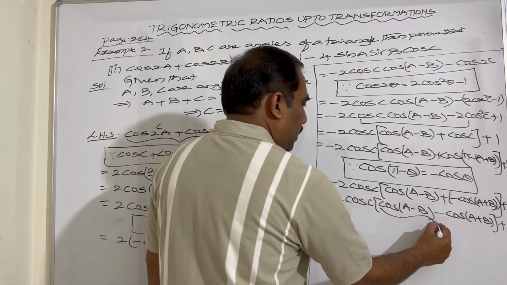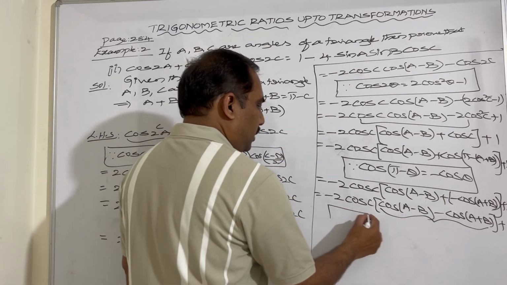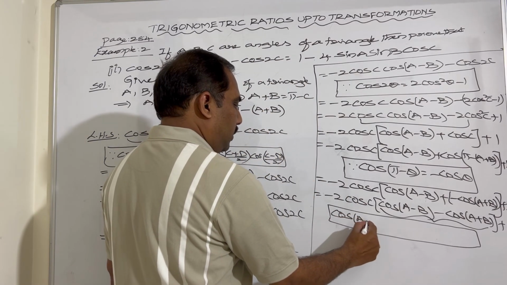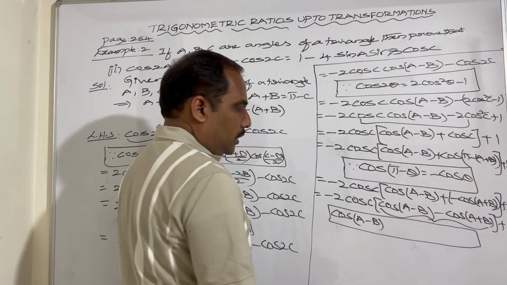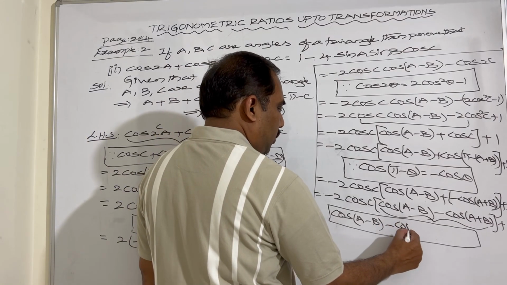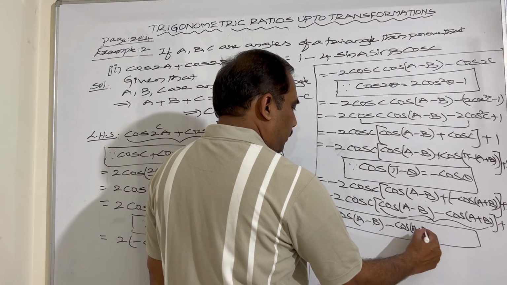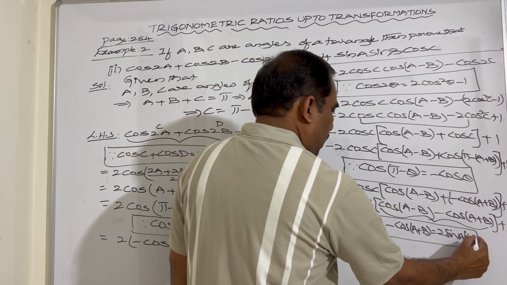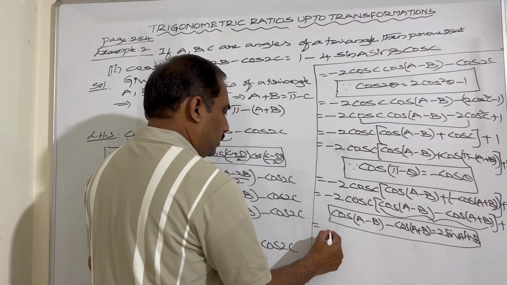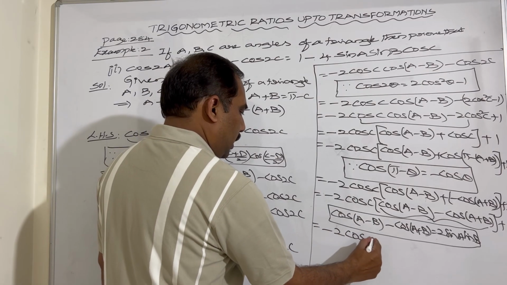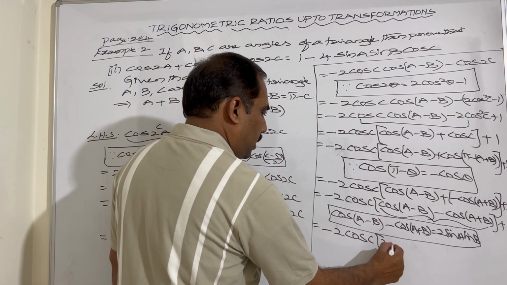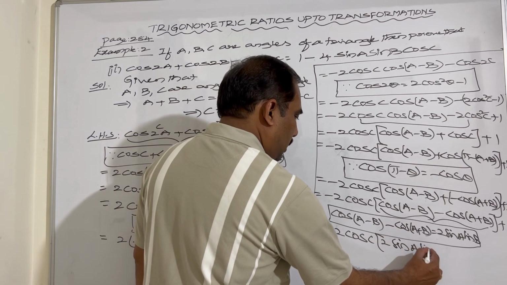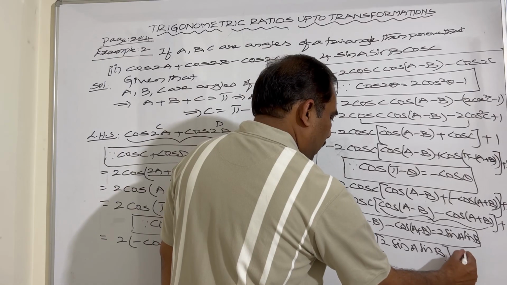Now if you observe, inside the bracket we have cos (A minus B) minus cos (A plus B), one of the standard formulas, which is equal to 2 sin A sin B. So within the bracket we can write 2 sin A sin B, and at last plus 1 as it is.